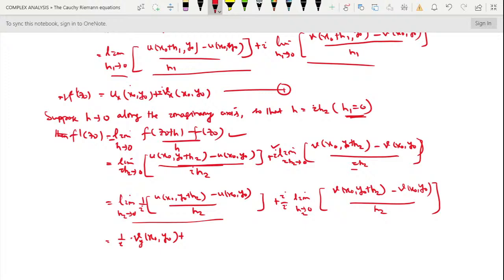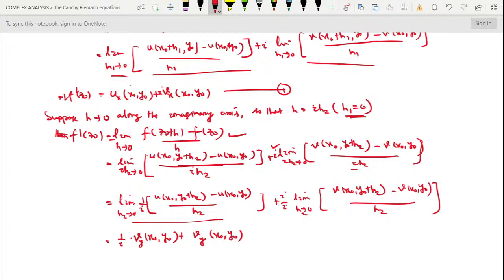Similarly, here i by i cancels out, and this will be v_y at x naught comma y naught.